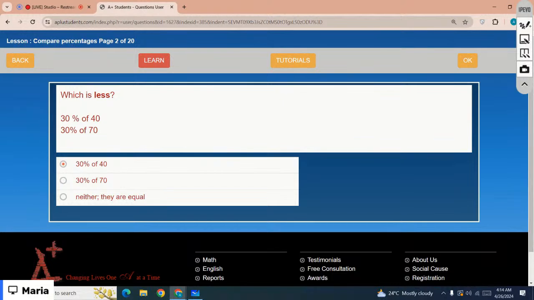The correct option is option number 1, because 40 is already less, right? And 30% of 40 is less.